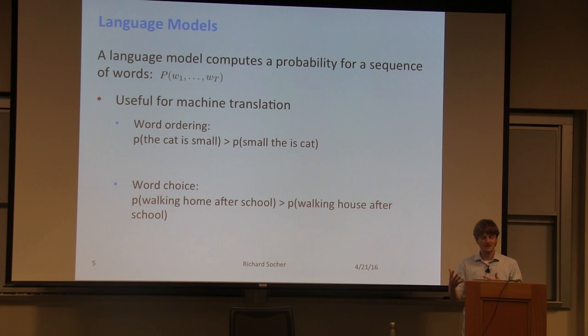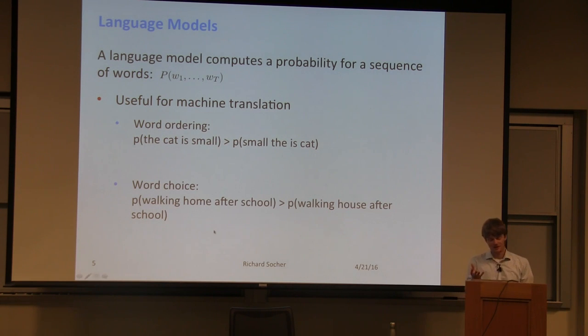And now your translation model might give you two potential candidate translations from French. One might be the cat is small, or small the is cat. And now you want to basically know that one is a much more likely sequence than the other. So the cat is small, the probability for that should be much higher than of the sequence small the is cat.